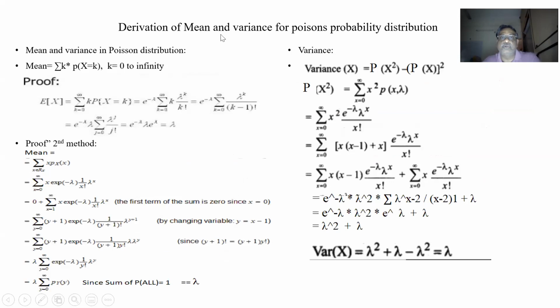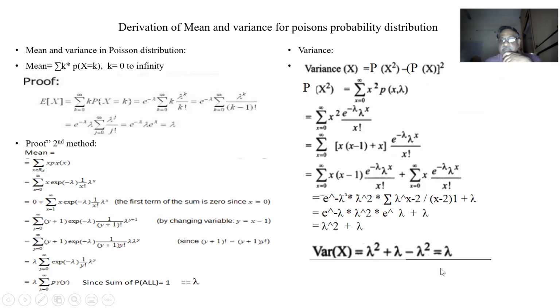Now here also mean and variance come into the picture in a Poisson probability distribution. What is mean? Mean is x into p, k into p. It is equal to lambda. Even variance also is equal to lambda. So lambda is my parameter in a Poisson distribution. It is the same as the mean.